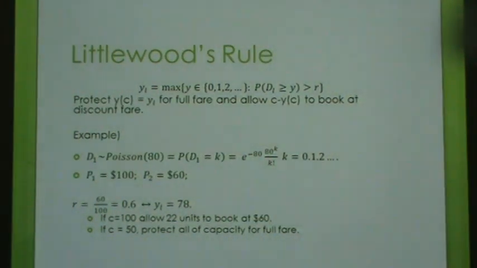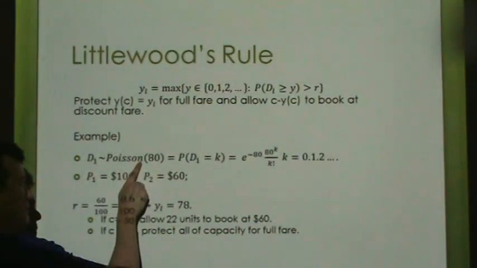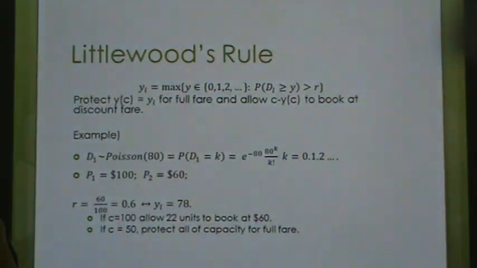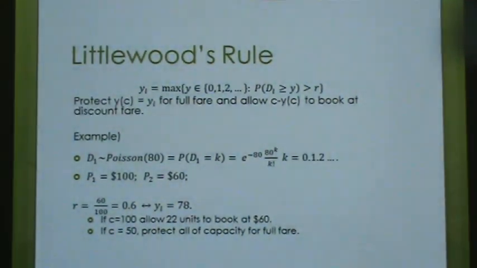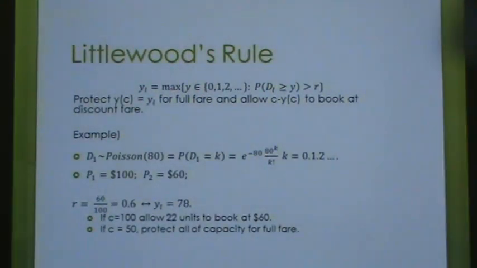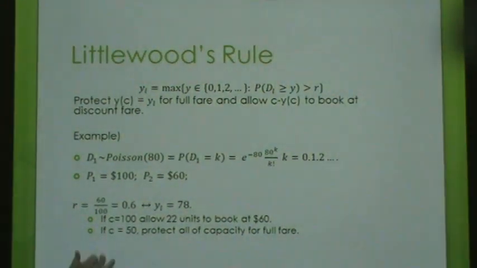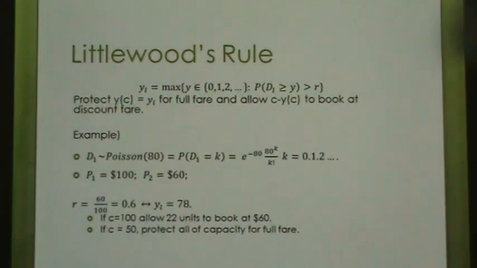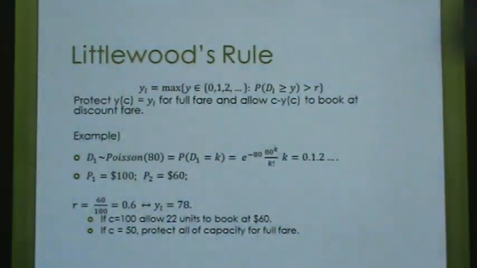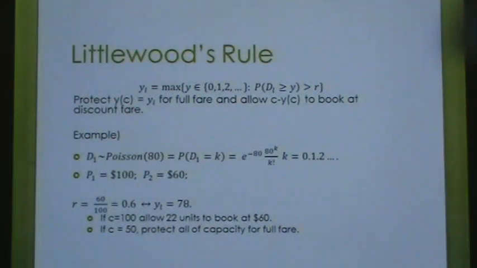So a good way of modeling how many people would show up on the flight would be to take the average over the past and then assume it's a Poisson distribution. We might make a slight change to map it perfectly to airplanes, but Poisson is a good distribution to use.